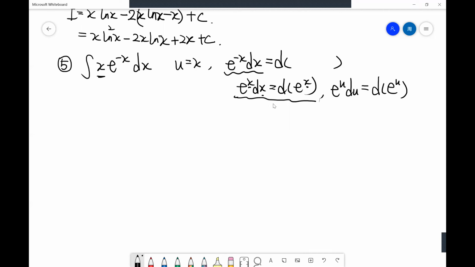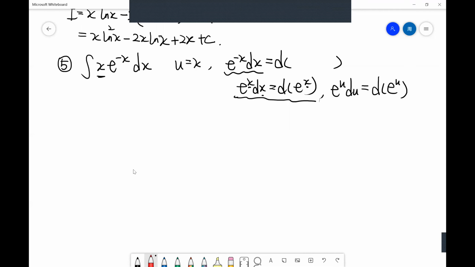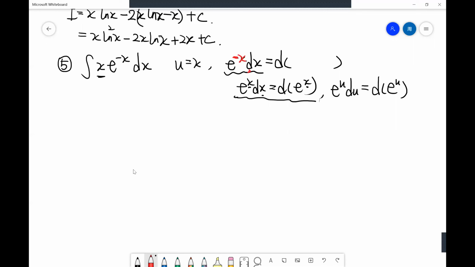So here we pay attention to the part on the left. That is e to the minus x dx, right? Here, minus x here. So if the function after d is also minus x, then we can use it directly. We can think that u is minus x, right?